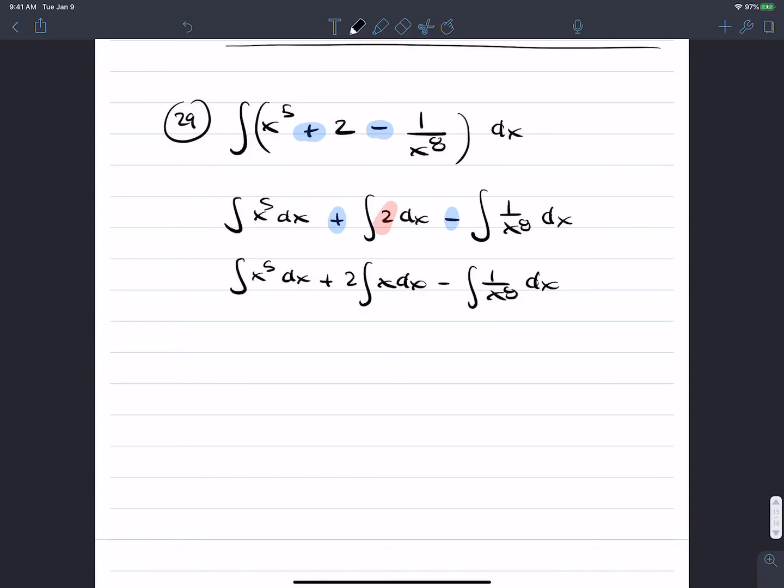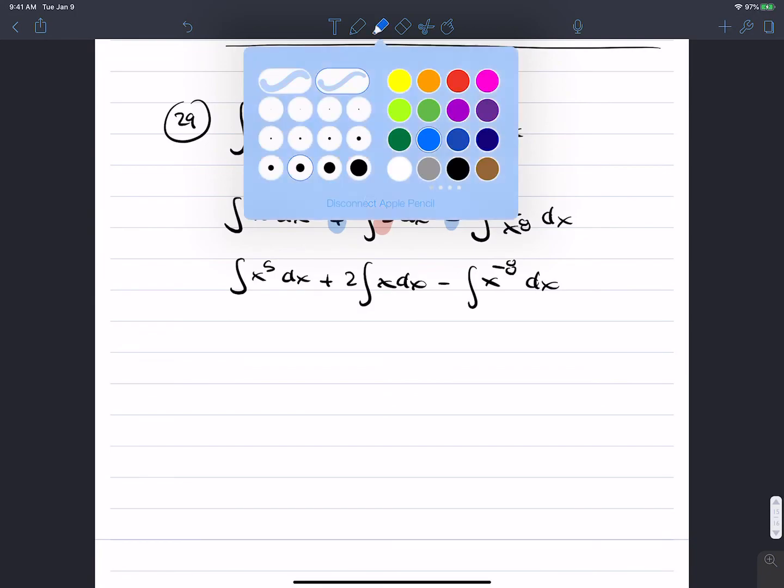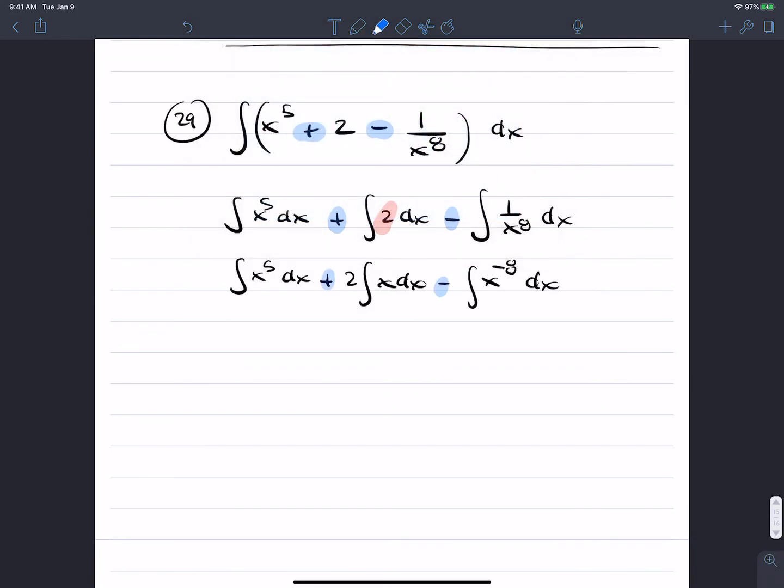And remember, 1 over x to the eighth, if we're going to use the power rule, and we are, we have to write this as x to the minus eighth power. So we have actually used all our properties, sums and difference, and pulled out our constant. And we wrote 1 over x to the eighth as x to the minus 8.